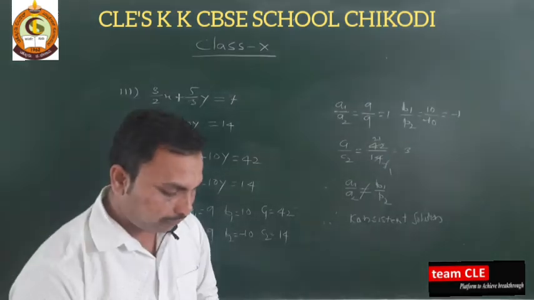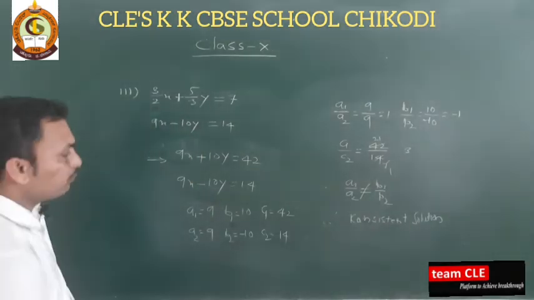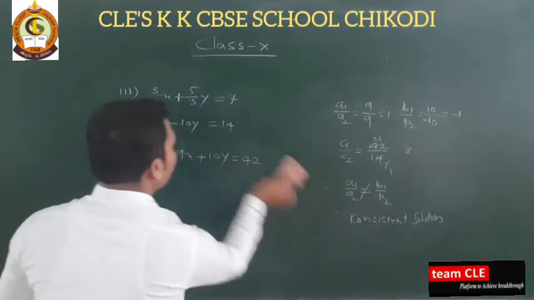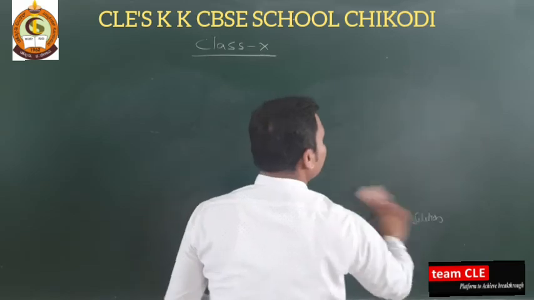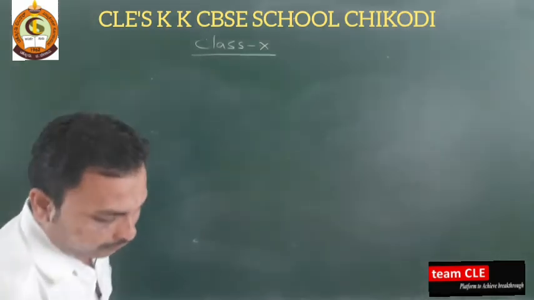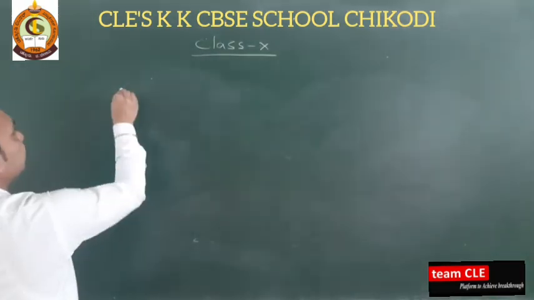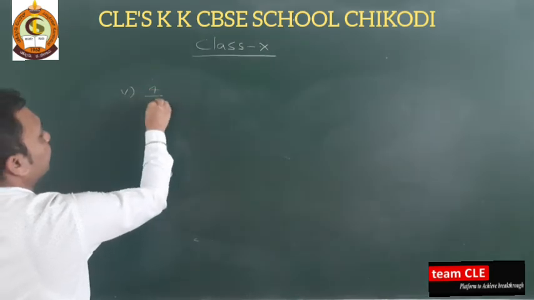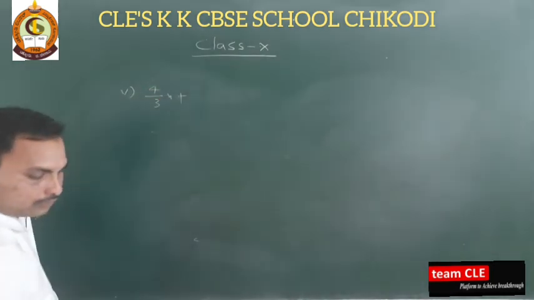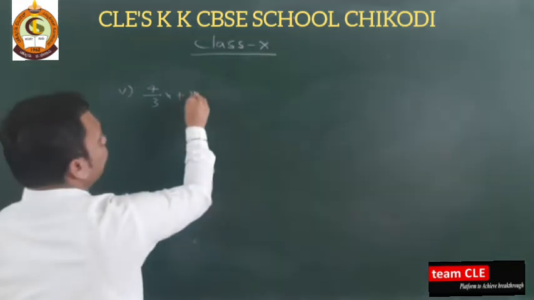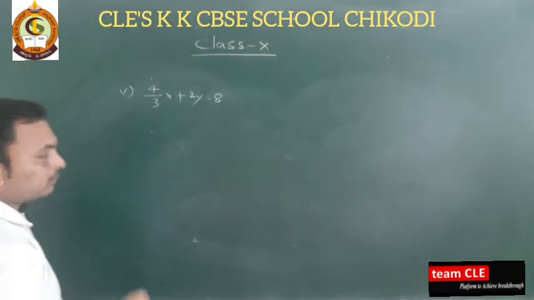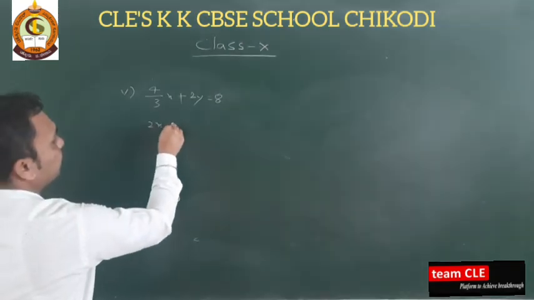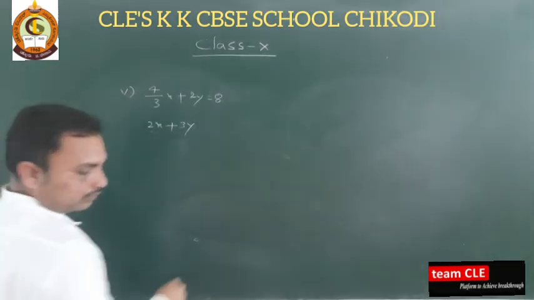Now I'll move on to the fifth one. The fifth one tells us 4 by 3 into x plus 2y is equal to 8, and 2x plus 3y is equal to 12.